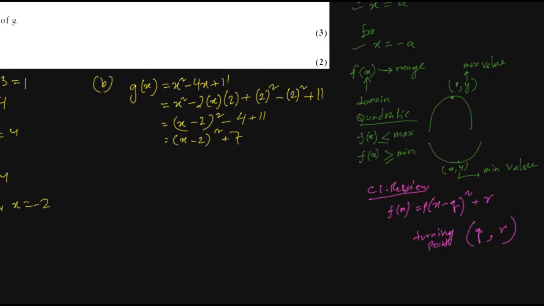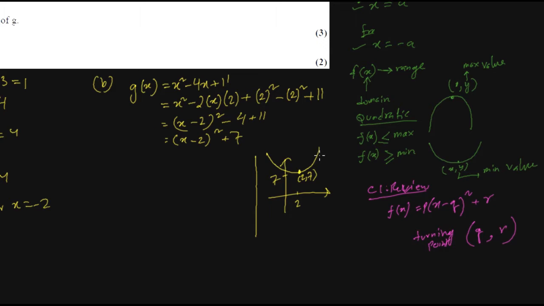So if you want to see what it looks like, it will look something like this. The turning point would be x is 2 and y is 7, and since it is plus x squared, it will be a smile, a minimum turning point, so it will be like this, (2, 7). It doesn't cut the x-axis.